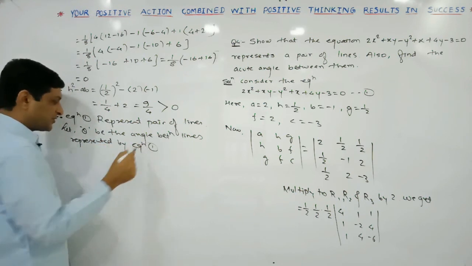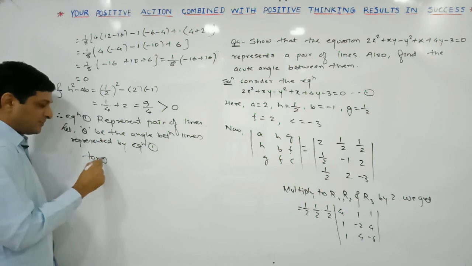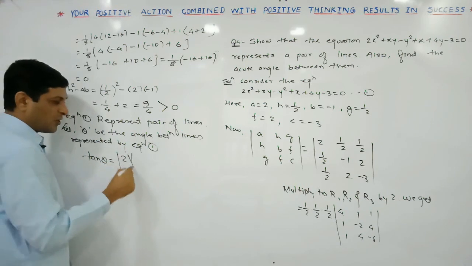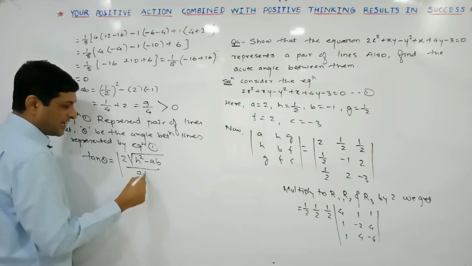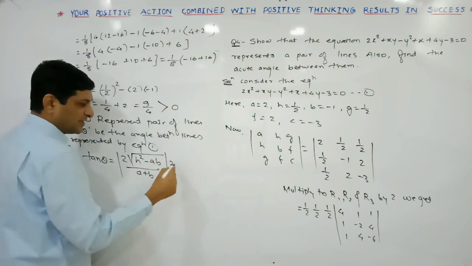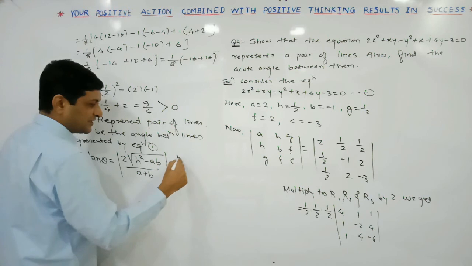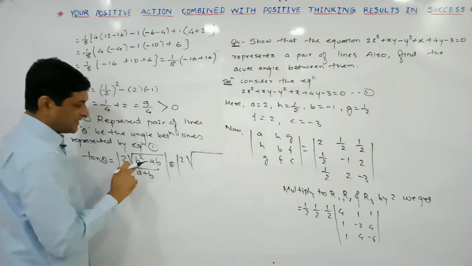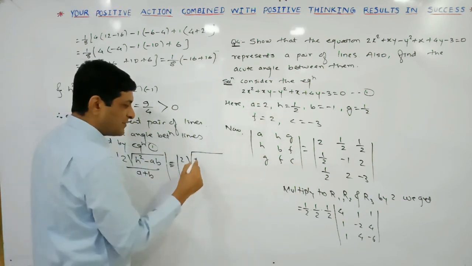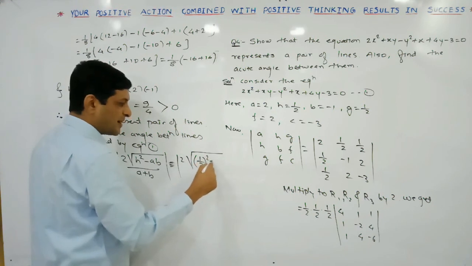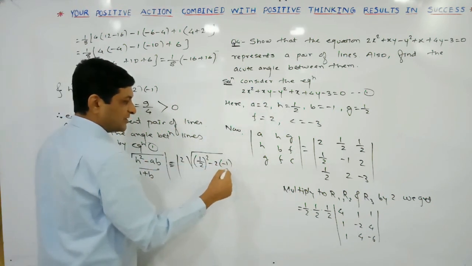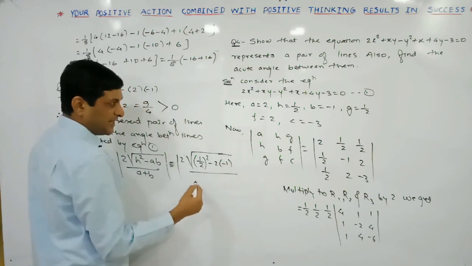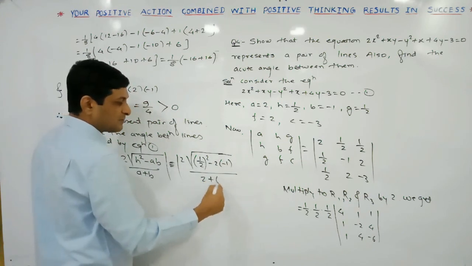by equation first. So what is the formula to find the angle between the lines? Tan theta is equal to mod of 2 under root h square minus ab upon a plus b. So which is equal to, keep this 2 as it is, under root, I am replacing h by its value, h is equal to 1 by 2, so here we will get square of 1 by 2 minus a into b, means 2 into minus 1, upon a plus b means 2 plus minus 1.